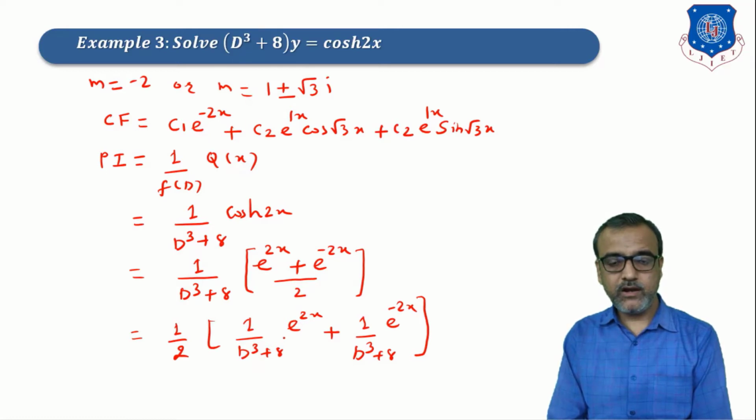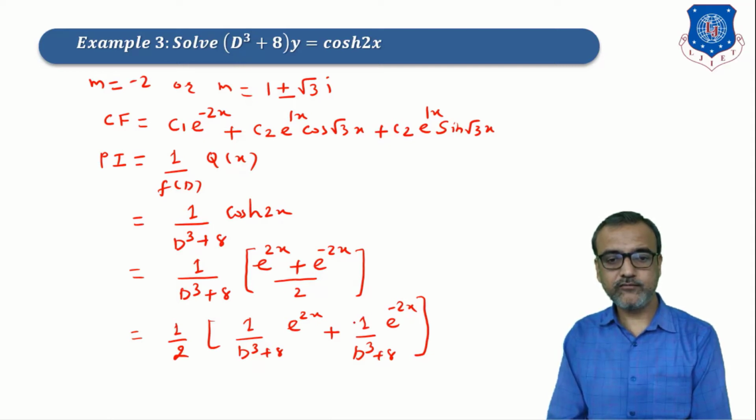Here the value of a is 2, so 2 cube is 8, 8 plus 8 is 16, so this one will become 1 upon 16 e raised to 2x. But here if you replace D by minus 2, you will get minus 2 raised to 3, that is minus 8 plus 8, and that is 0. So we cannot put the value of minus 2 in place of D directly.